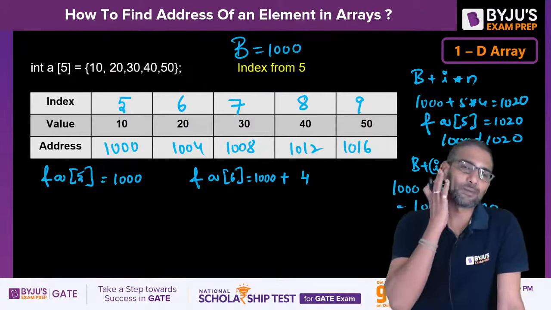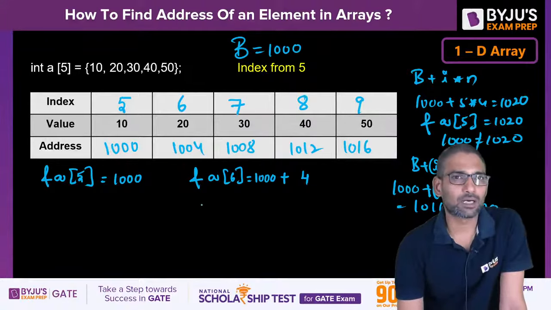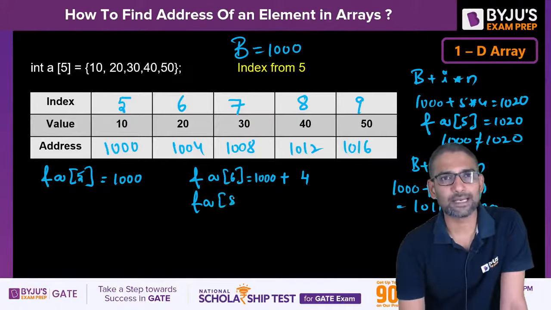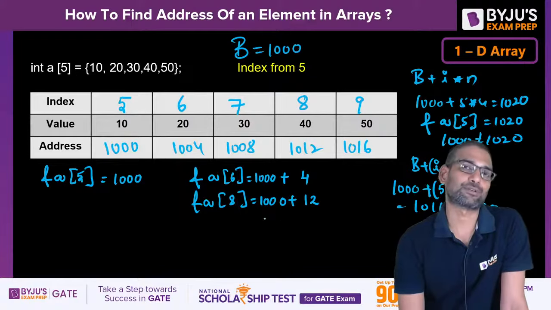differing by 4 from the base address. Address of A of 8 is differing by 12 from the base address, right? Isn't it?